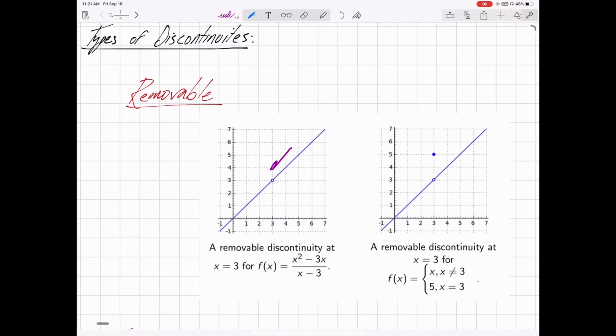We can see that the limit exists as we head towards x equals 3. This limit value would be 3. And it's removable in this way: algebraically, we can remove it.